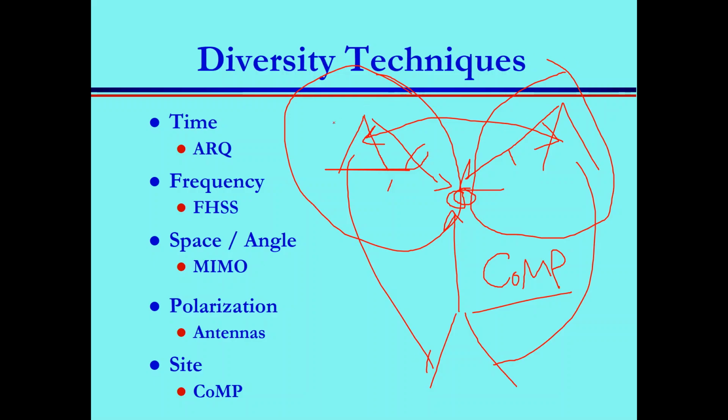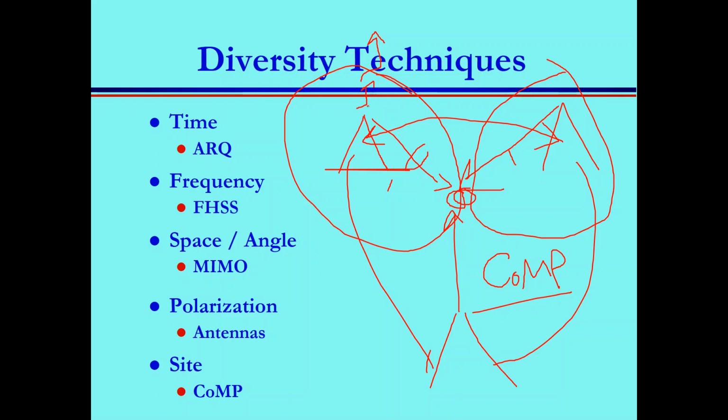The key difference is when you are in the same site and have two antennas, you might have different instantaneous fading, but you don't have different path loss or different interference or different shadowing.